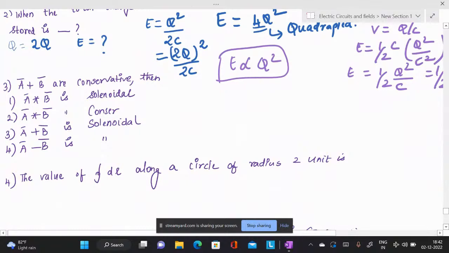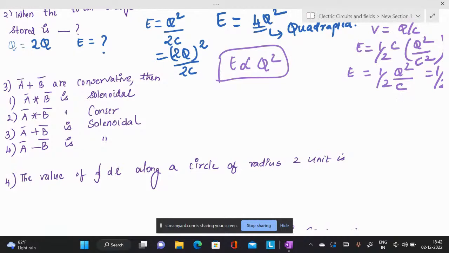So next problem, if a plus b are conservative, then what happens to a cross b? Okay, any idea? If a plus b is conservative, what happens to a cross b?